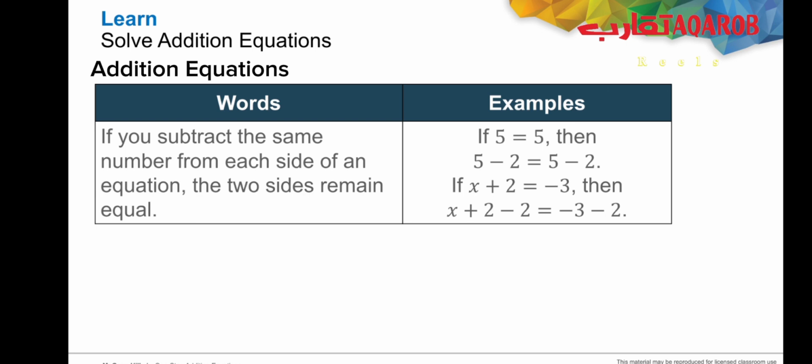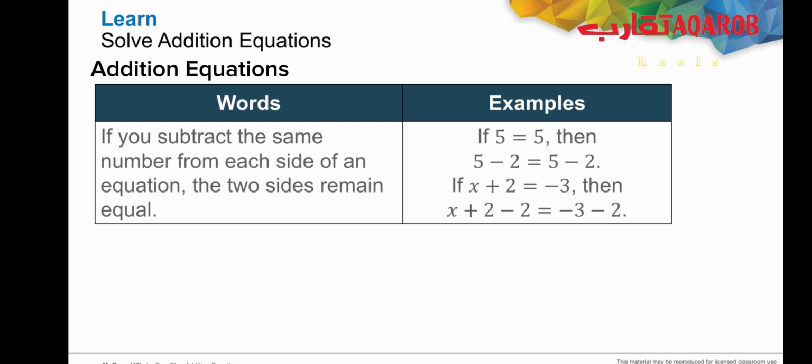What will I subtract, 2 or minus 3? Of course 2, because I don't care about the number on the right side. I just want to get rid of the number next to x. I want to keep x alone, which I call isolated. When you isolate x, this means that you find the value of x.